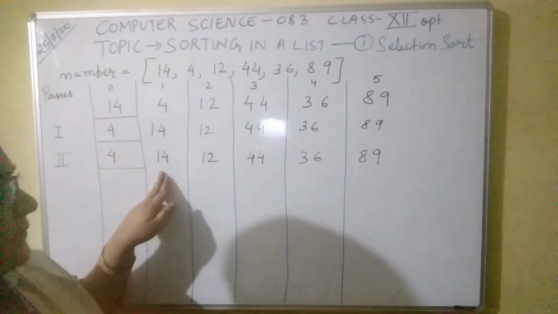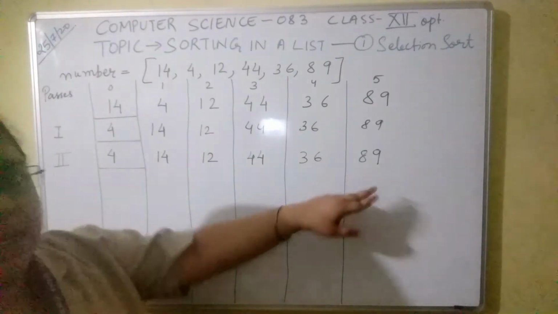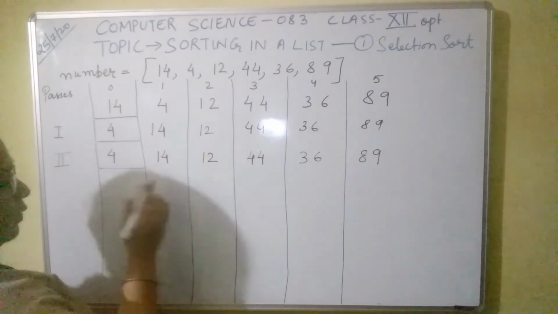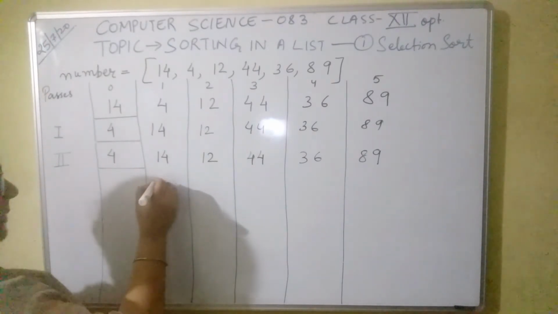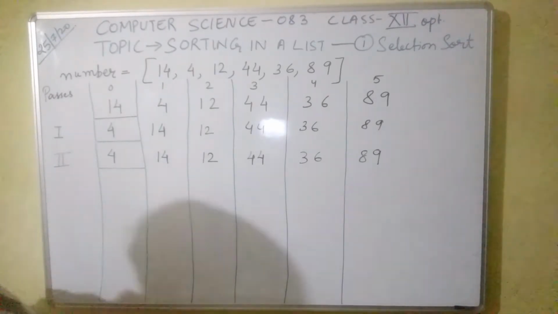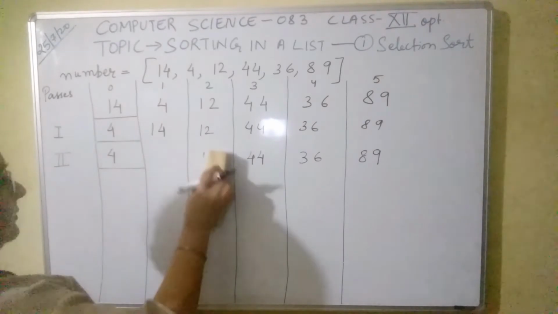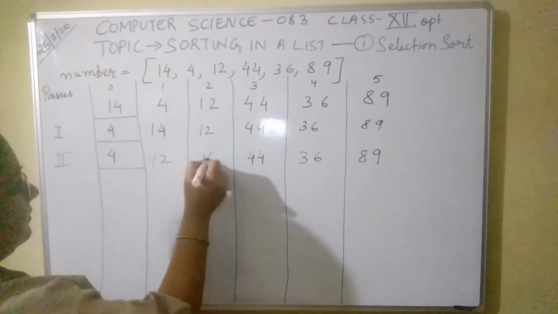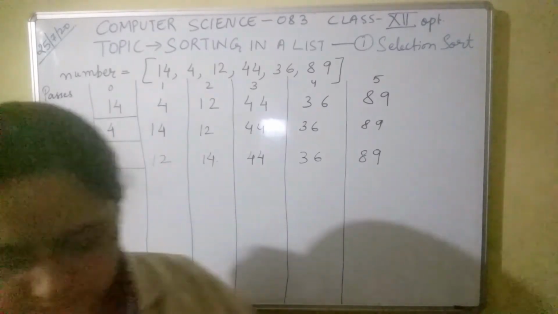Whatever is at index 1 will be compared with all the other elements. So we start, is 14 less than 12? No. So that means it will be swapped. So I am going to write it over here itself, and 14 is written over here.